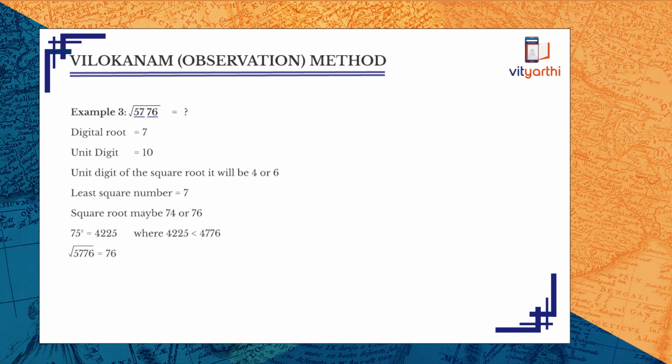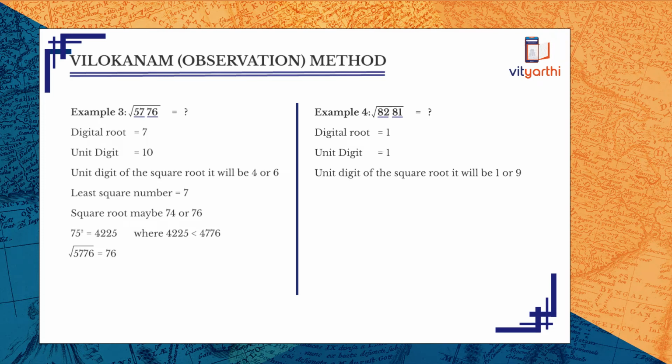Root of 8281. Here, the value of B is either 1 or 9. The value of A is 9. Therefore, the value of AB can be 91 or 99. Now we have to find out the mid of 91 and 99.